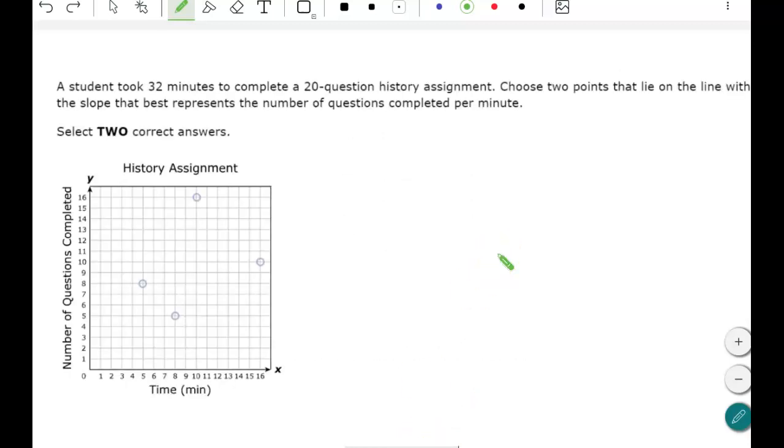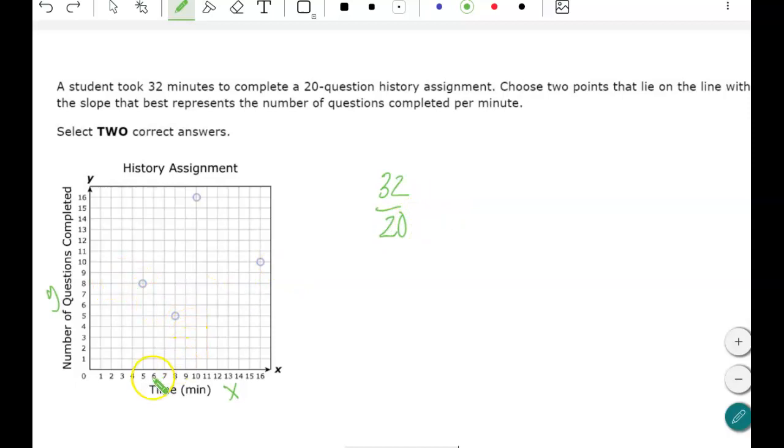So a student took 32 minutes to complete a 20-question history test. So this time is our X, and then the number of questions is our Y. Choose 2 points that lie on the line with the slope that best represents the number of questions per minute. All right, so time was 32 over 20.